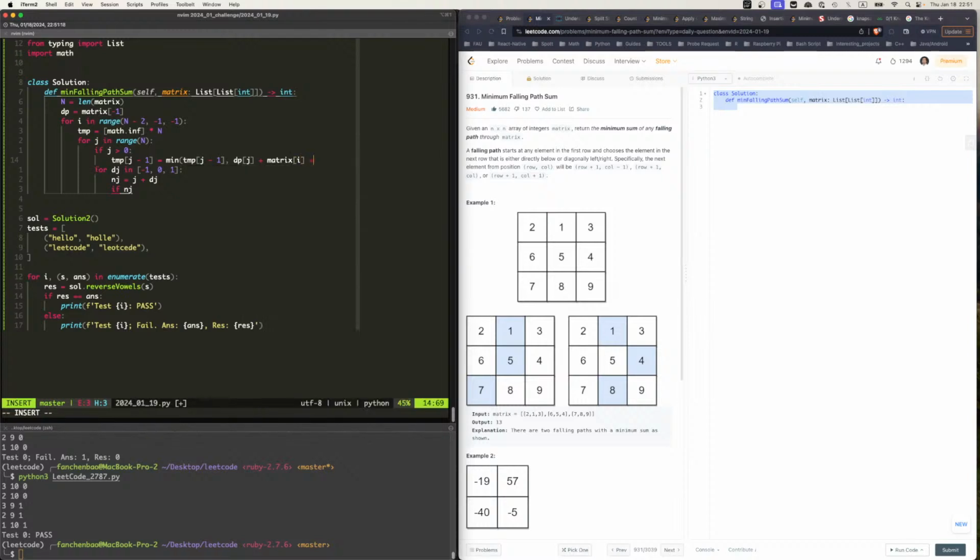No, that's it. Temp is the one above you, so j-1 is going to be dp[j] plus whatever value is in matrix.